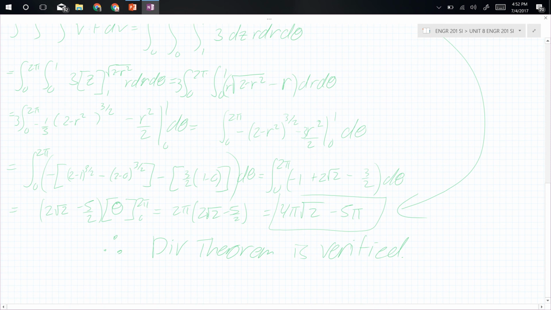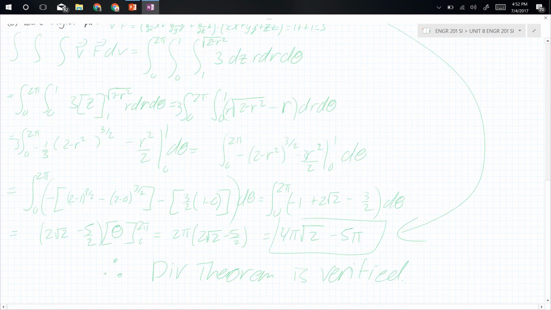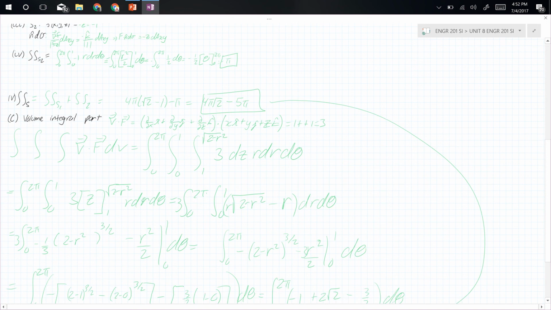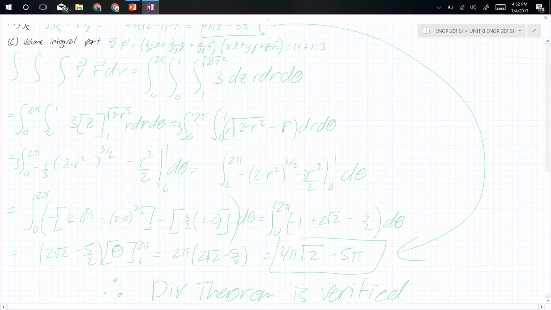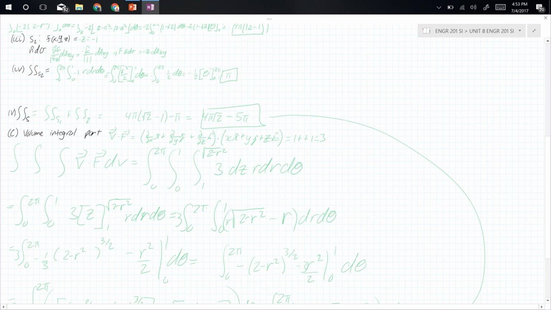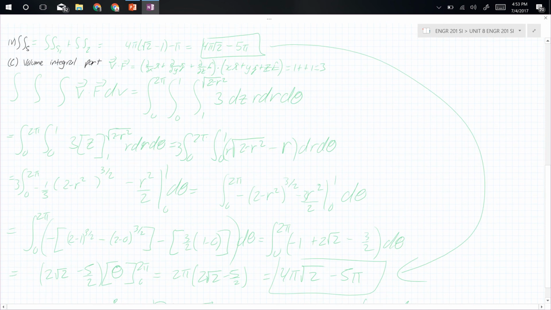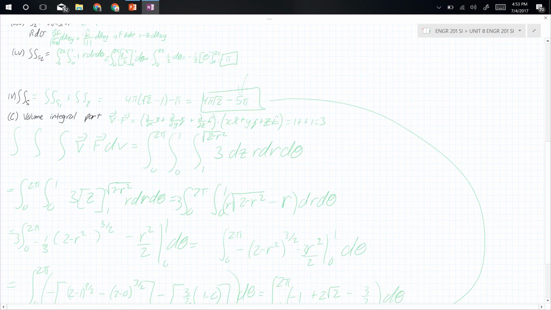I think literally on my test last year, I forgot to account for the negative sign on the second surface, and when I solved for the volume part, I had negative 5 pi here and negative 3 pi there. I realized I made a mistake.